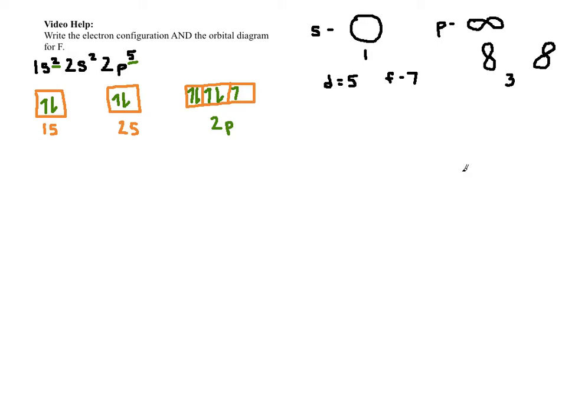That's kind of self-explanatory. You probably might have written that already. The one where people mess up, there are 2 different things you have to be careful of. So the ones in black, guys, are no-nos. Don't do them. If you do the following, so let's say I have a 2p4, for example, so 4 electrons, not 5. What some people will do is they'll do an electron going that way, an electron going that way, an electron going that way, and an electron going that way.